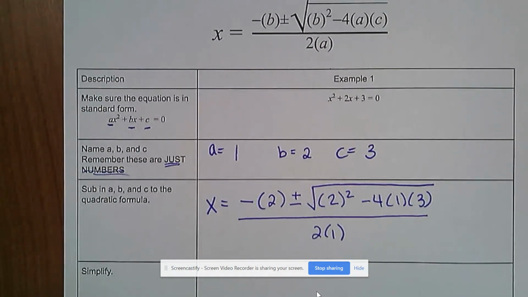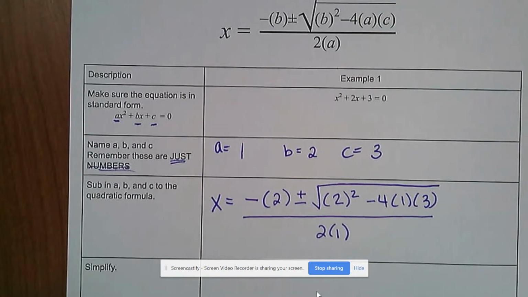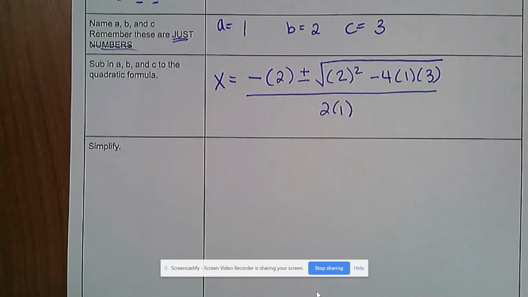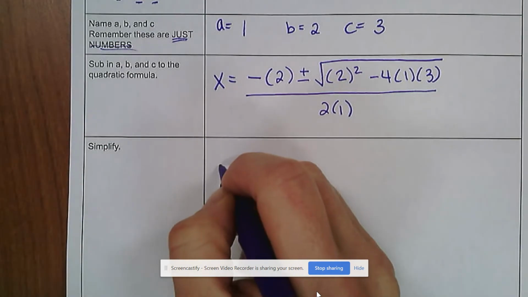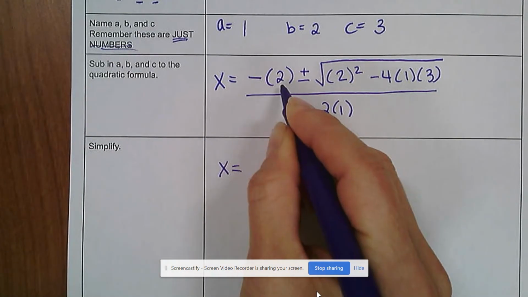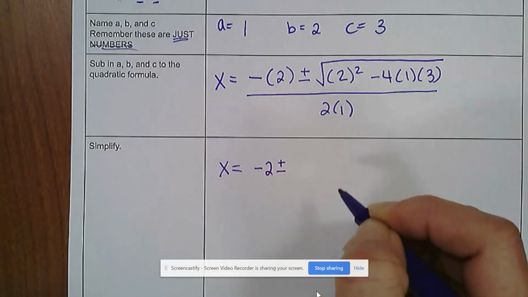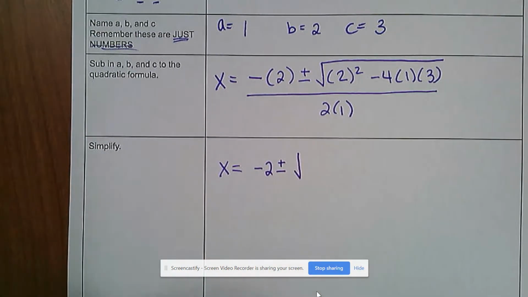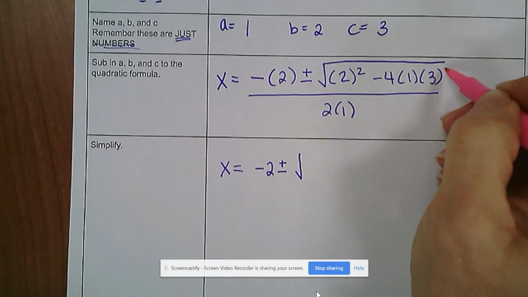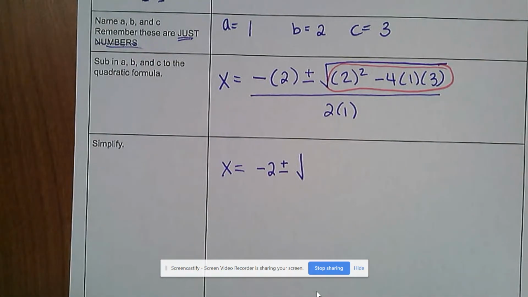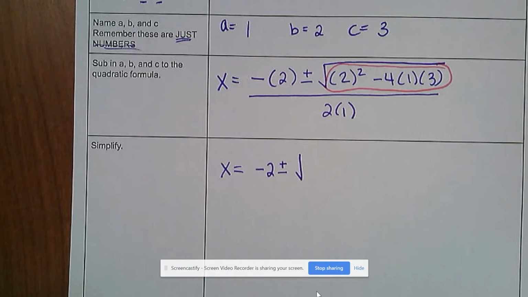Once you write all of that, you are going to simplify it further. I'm just going to move my paper up so you can see. I'm going to write x equals the opposite of 2. Well, the opposite of 2 is negative 2, plus and minus, and then I'm going to simplify what's under the radical. So I'm going to put just this in my calculator, not the square root sign.